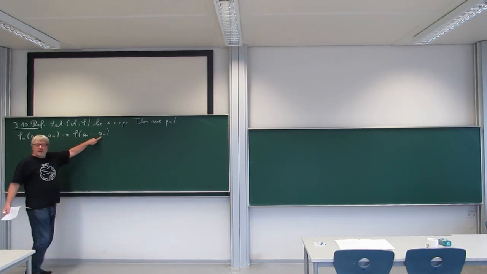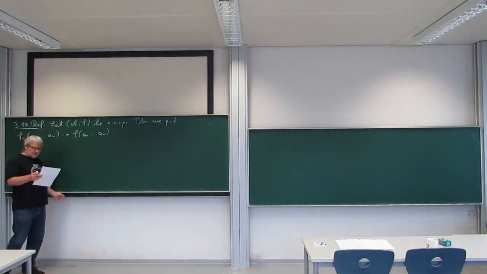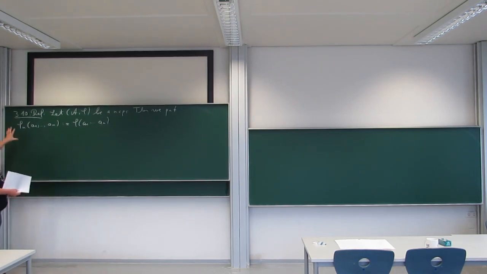So here I'm just multiplying the a's, but here I make functionals out of them in all those arguments. So phi n should have n arguments, and this is defined just by taking this. Good. Okay, so this is now a collection of those multilinear functionals which we had last time.